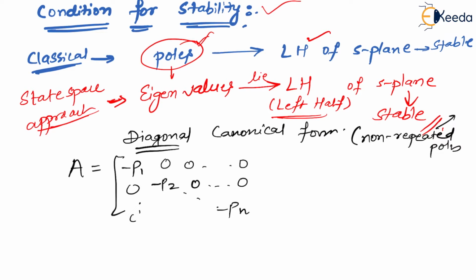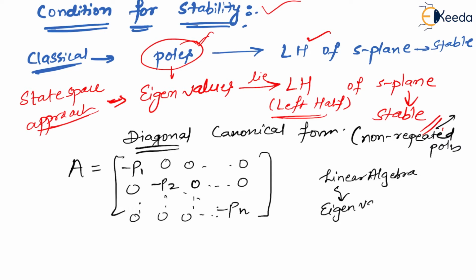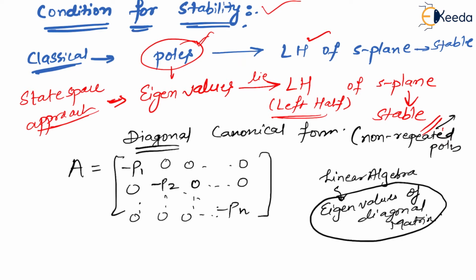This is the diagonal form, this is the A. Now if you know from the basics of linear algebra, what are the eigenvalues of a diagonal matrix? From linear algebra you have seen that they are nothing but the diagonal elements themselves.